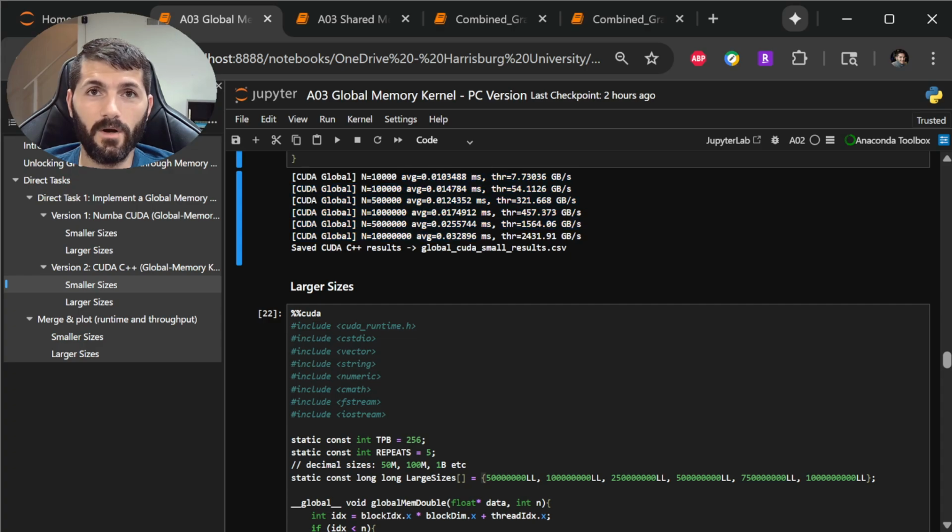Starting at 0.01, going up just to 0.03, increasing very quickly in that throughput, because going from 10,000 to a million here, or very large numbers here, right?